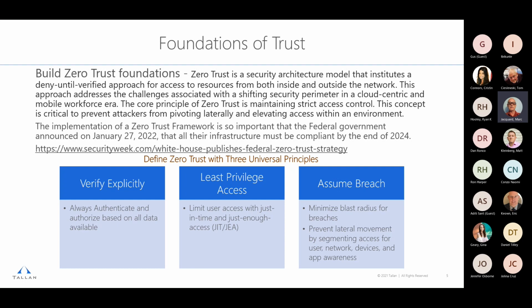Now, this year, this is how important it is. This year, the federal government said that they were going to be compliant by the end of 2024 with a zero trust strategy. Okay.